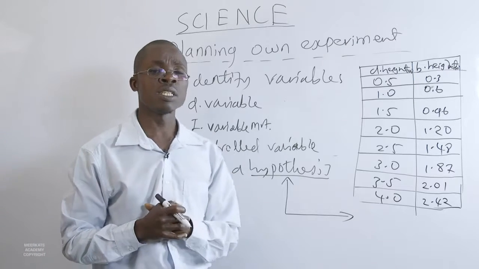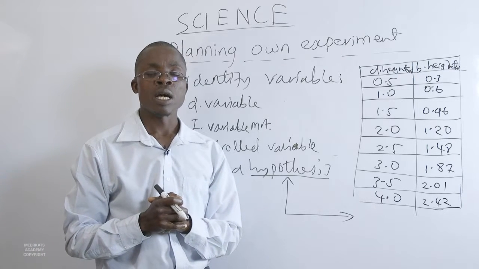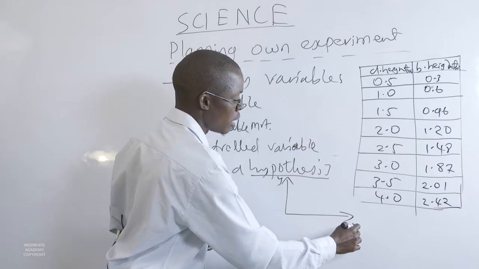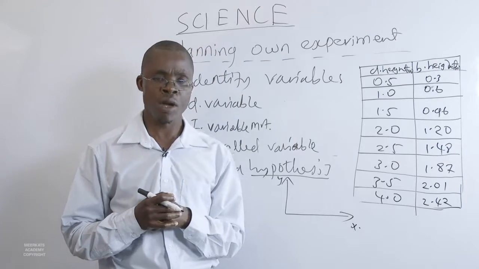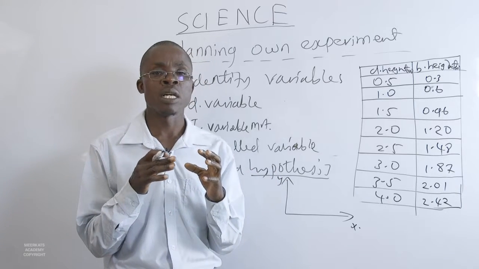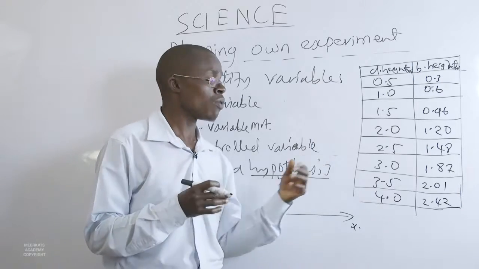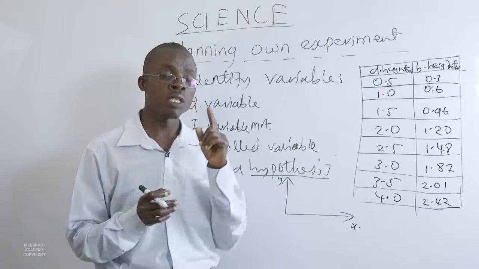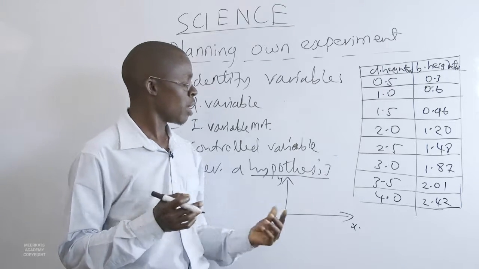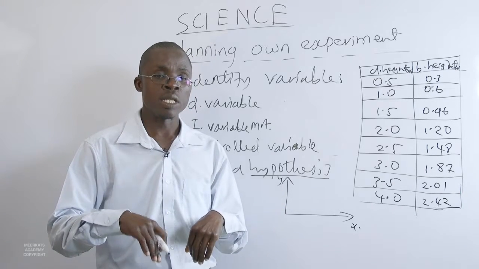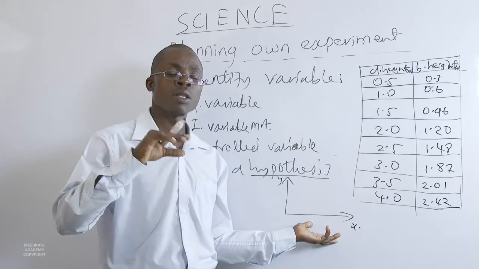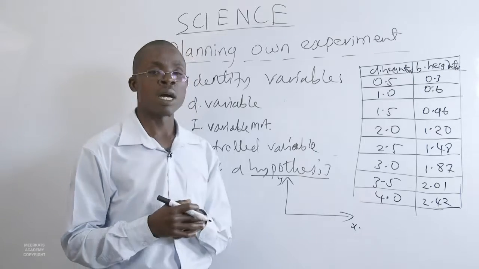Now, when it comes to representing data on a graph, where we have two axes, that is the y-axis and the x-axis, you also need to identify of these two variables, which one is depending on the other one. They are all variables, but in the graph, you only pick on one to depend on the other one. So the one that is independent, it can work on its own, is put on the x-axis. And the one that depends on the other one is put on the y-axis.